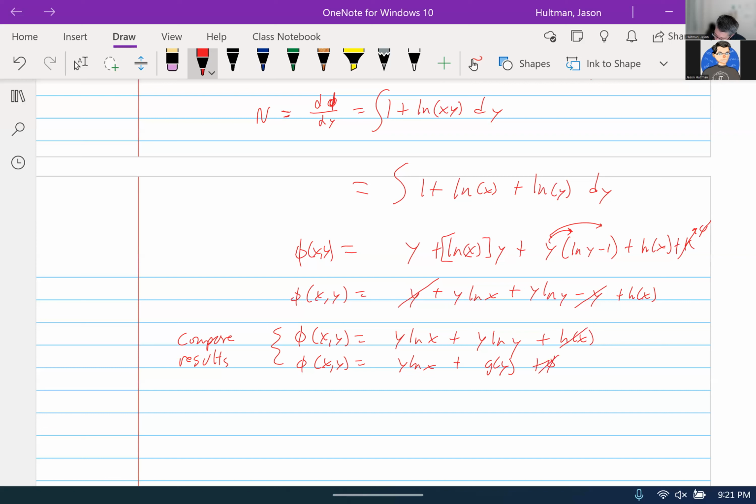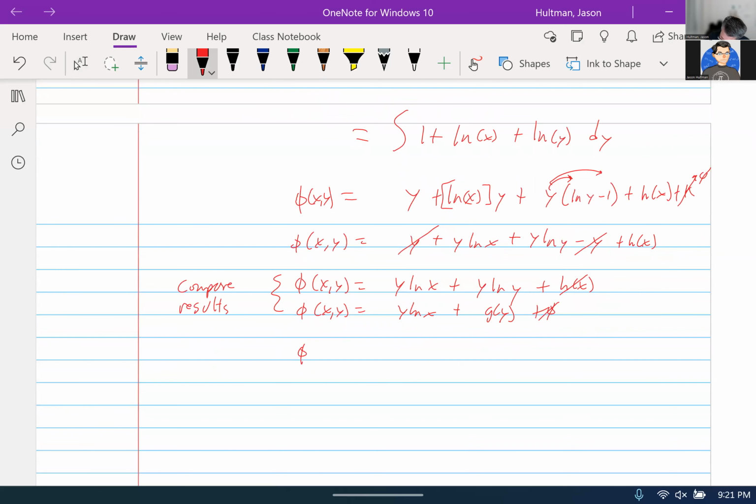And so what was the g of y? The g of y was what it is above. And so the potential function of xy is equal to y natural log of x plus y natural log of y.